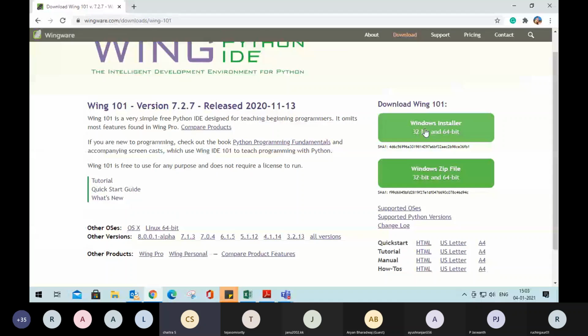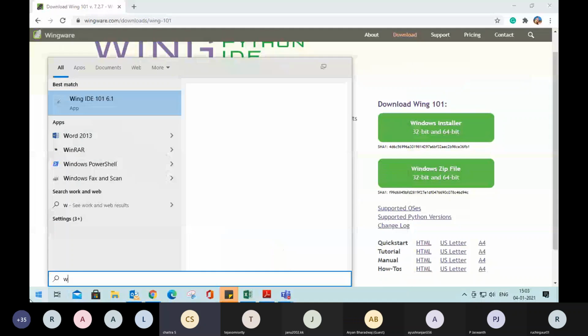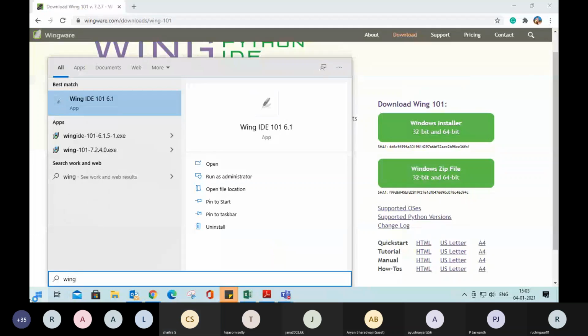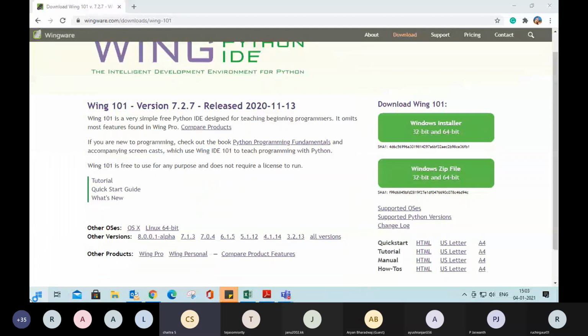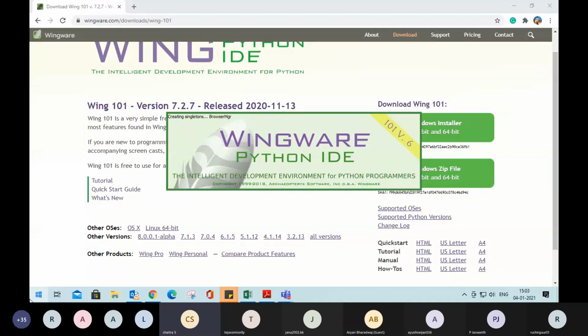Once you click download, it will just happen. Keep on pressing next to finish, and follow the path. Then it will be stored on your desktop. Once it is stored on your desktop, it will show you like this, Wing 101 6.